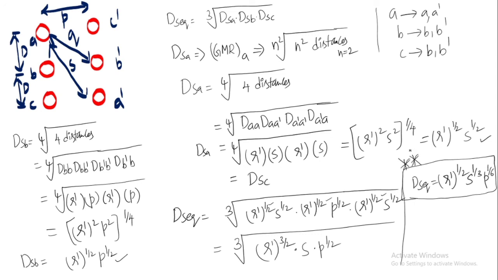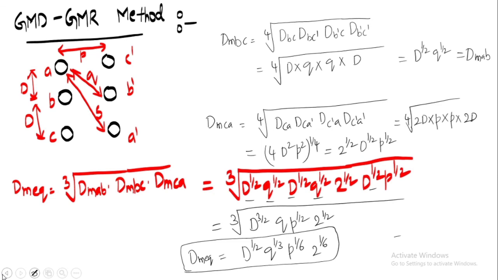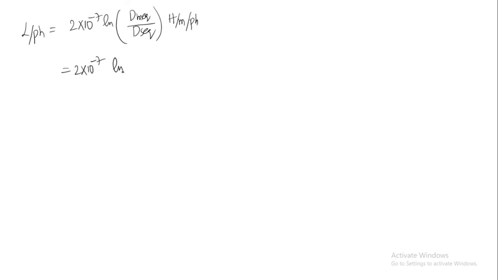Equivalent GMR is this value. Similarly, equivalent GMD is this value. Okay. Now substitute these two in the final formula. The generalized formula, which is L per phase, is equal to 2 into 10 power minus 7 into ln of Dm equivalent by Ds equivalent, Henry per meter per phase. Now it is 2 into 10 power minus 7 into ln of, what is Dm equivalent?